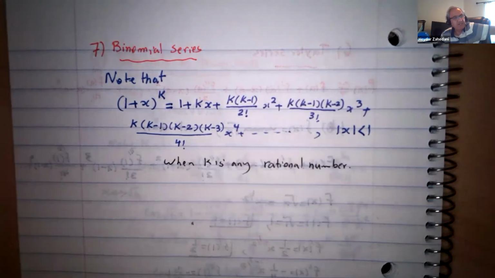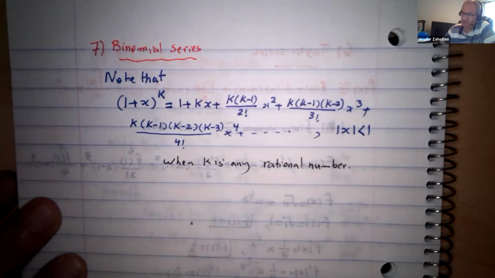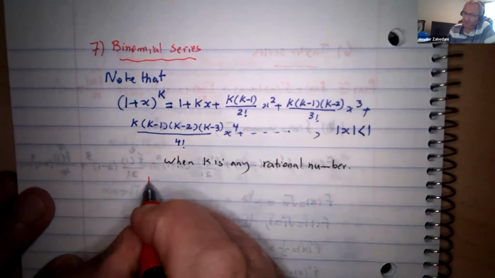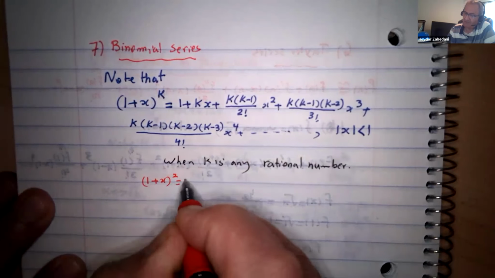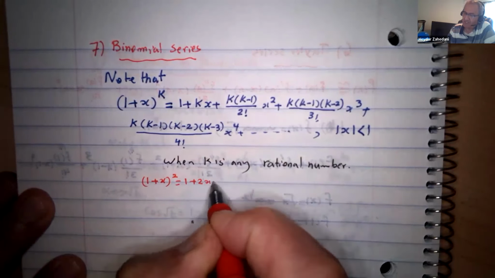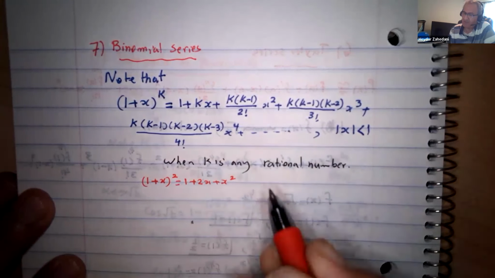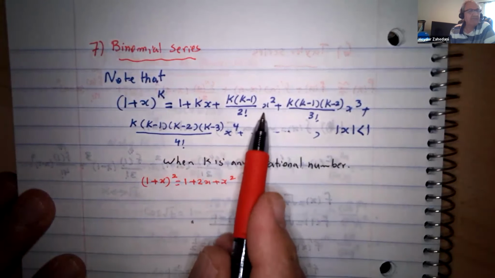You see 1 plus x squared is 1 plus 2x plus x squared. If you have it in algebra, just for your information, 1 plus x all squared is going to be the square of the first, twice the first times the second, and the square of the second one. You end up here.